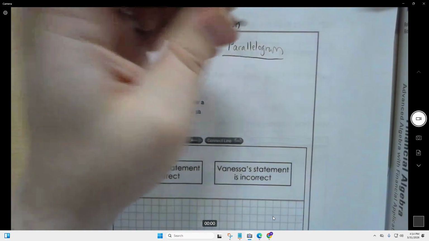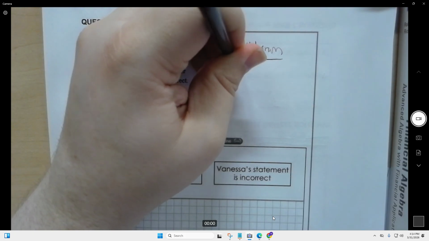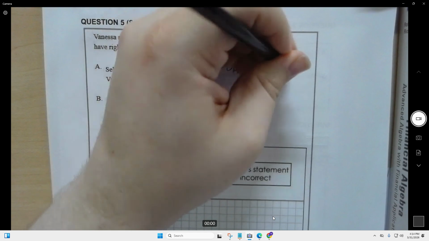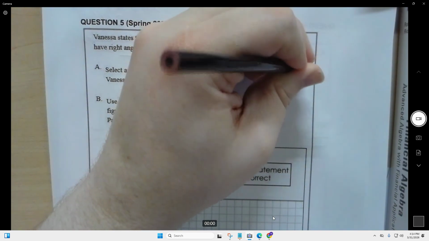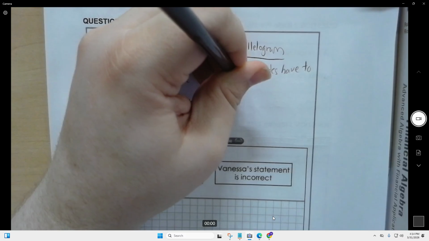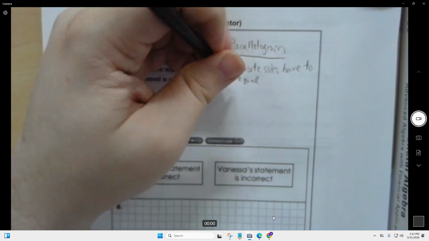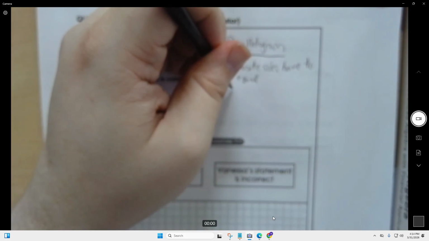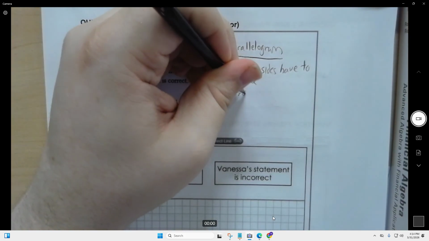The rules to be a parallelogram are that your opposite sides have to be equal. Your opposite sides must be parallel.